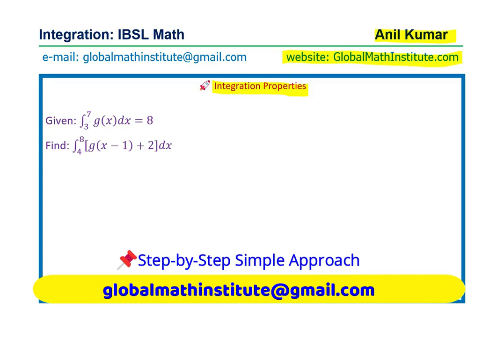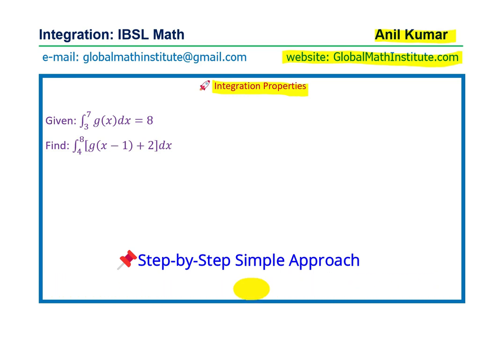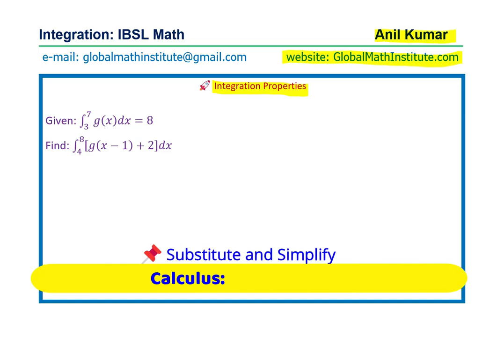So initially, let me derive the kind of formula which is also called properties of integration, and then we'll apply it. So we need to find the integral of g of x minus 1 plus 2, right? So now we can do a substitution.